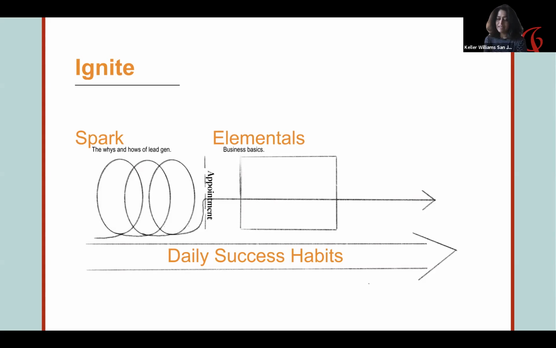Multiply that by the average commission in your market, and it's going to give you an idea of how much your database is going to contribute to you, provided we keep in touch with them. Once you have that number, it will hopefully give you a trajectory, a path for the amount of money, your GCI, that you want to make.